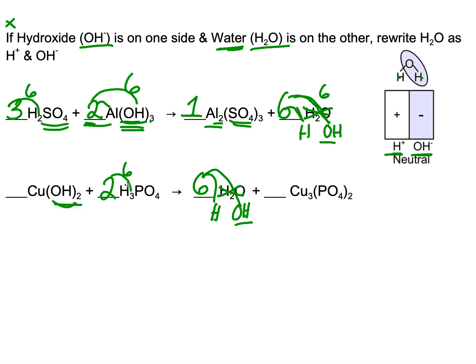So I've got to have 6 hydroxides here. So I've got a 2. What do I put in front? 3. That takes care of my hydroxides. And the last thing, I got 3 coppers over here, 3 coppers. So again, treat that hydroxide as a group. It's going to be much easier than trying to deal with separate H's and OH's.